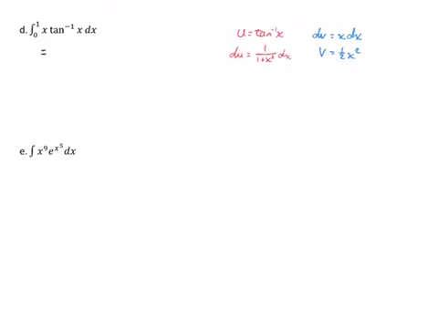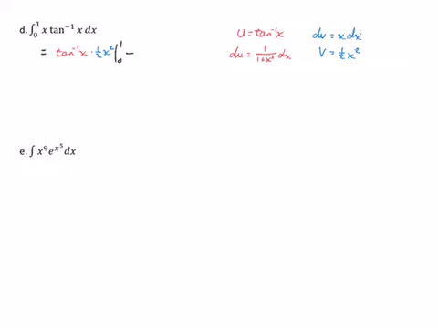And so we'll get u times v. So the inverse tangent of x multiplied by 1/2 of x squared. I don't typically like to do that. I like to put my x squareds out front, but that's okay. We're going to evaluate that from 0 to 1, and then we're going to subtract the integral of v times du. Now this time I am going to pull the 1/2 out front. So let me erase that really quickly.